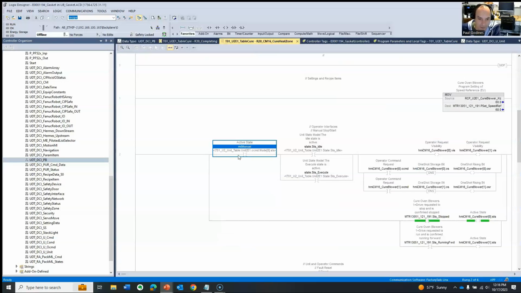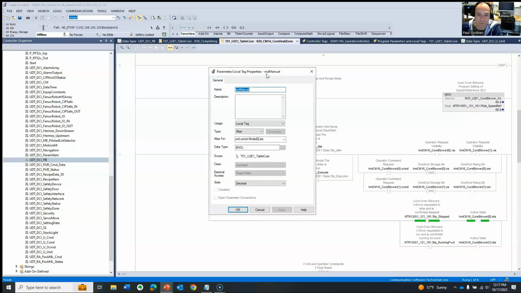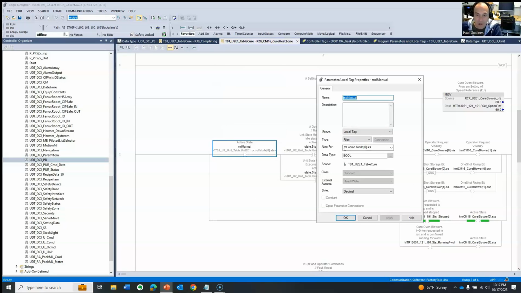Okay, so we found the routine, we found the tag, we know that it is a data type, we know where that data type is, and then it says ocmd.mode element 0. All right, so it's an operator command mode 0 dot sts status. Okay, that is very much what we understand, right?